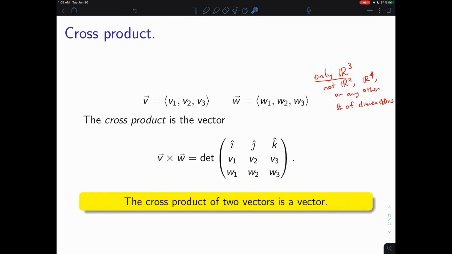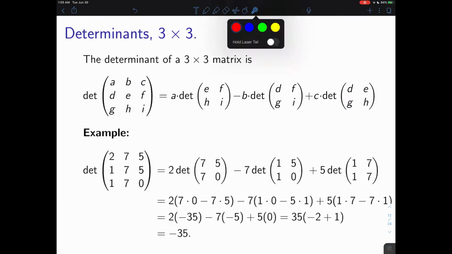And then I take the second vector in my cross product, W, and I list it in that row. But even before I did that, I put ijk on top. Now, here's the kind of weird thing. I was talking about determinants of matrices that had numbers in them, right?